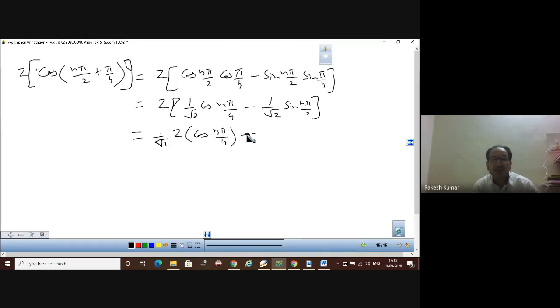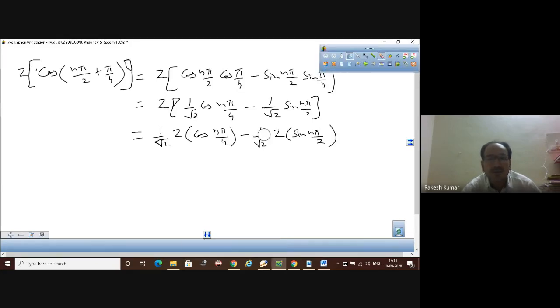And similarly for the second term, minus 1 by square root 2 Z transform of sine n pi by 2. N pi by 2 is there. This value should be 2, not 4. So please rectify. This is 2, this is 2.